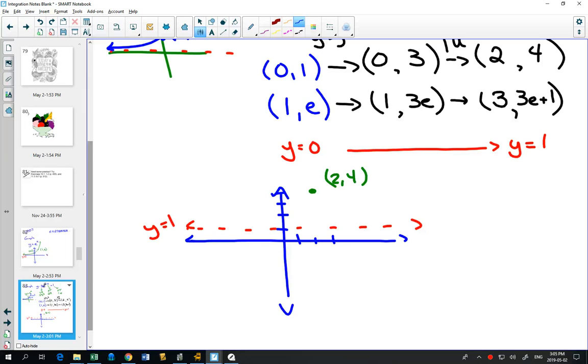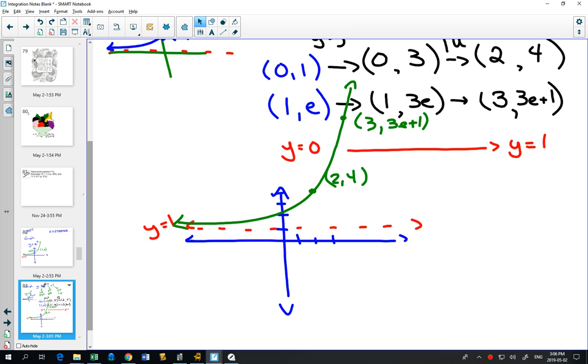So we have to sort of estimate, like e is 2.7, so if you took 2.7, multiplied it by 3, you'd get 8.1-ish. Plus 1 would be around 9.1. Anyway, so we've got 3, 3e plus 1, a little bit way up there. Maybe I should have started my graph lower down. But once I have those 2 points, the shape stays the same. And there we have our graph with our new favorite number.